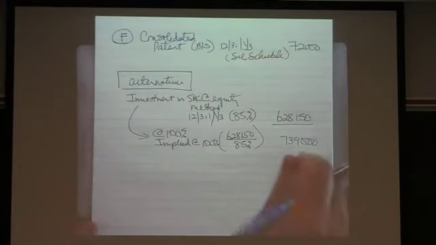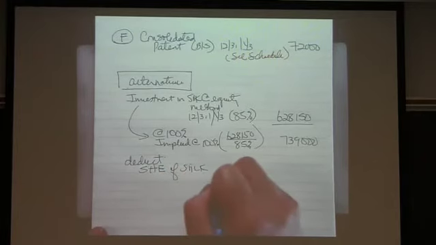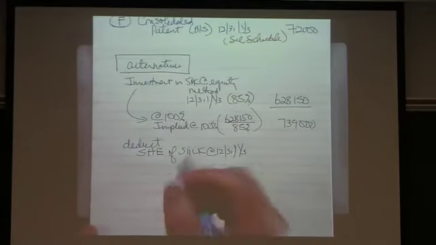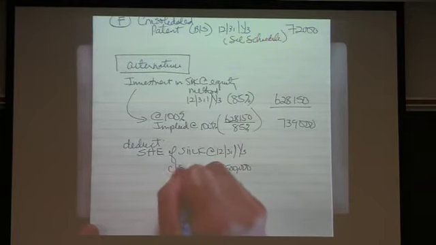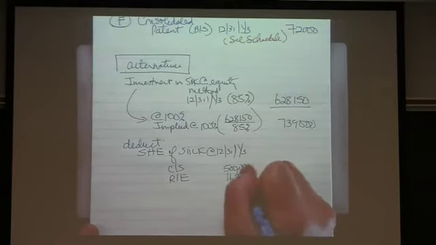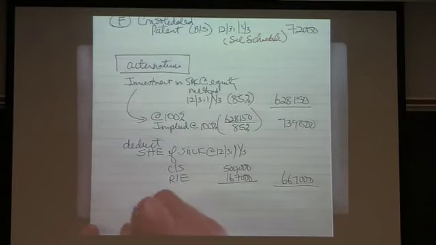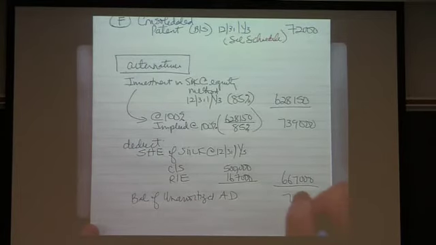We're going to deduct from that the shareholders' equity of Silk at 12/31 year 3. And that was common shares, 500,000, and retained earnings, remember, it was 167. We calculated that too previously, 667. The difference between these two should be the balance of unamortized AD, which in this case is 72.